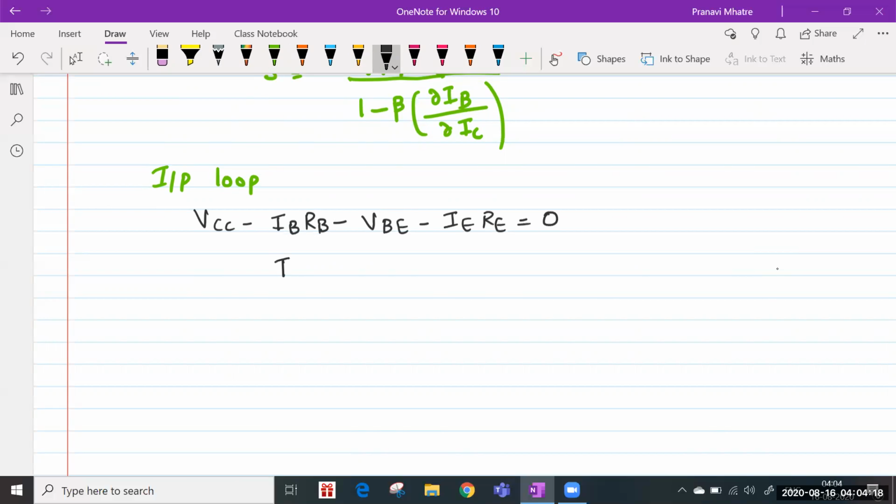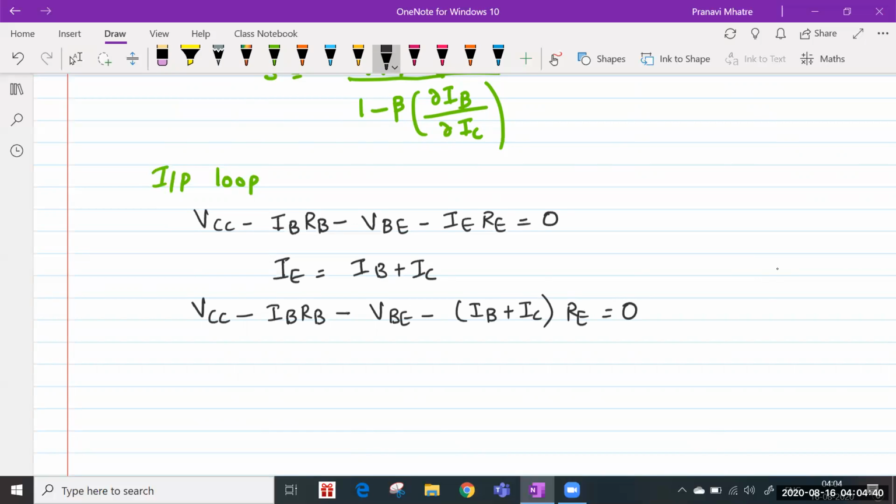Here I'll substitute IE as IB plus IC for the stability factor. So VCC minus IBRB minus VBE minus IB plus IC into RE, which is equal to 0. So I'll get VCC minus IBRB minus VBE minus IBRE minus ICRE, which is equal to 0.